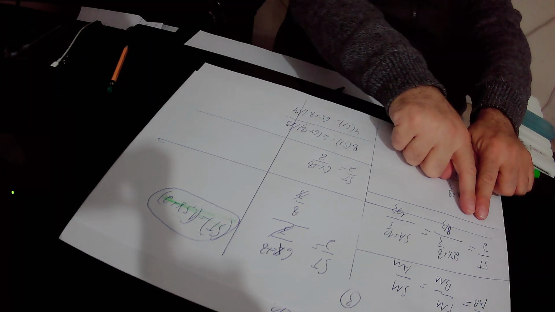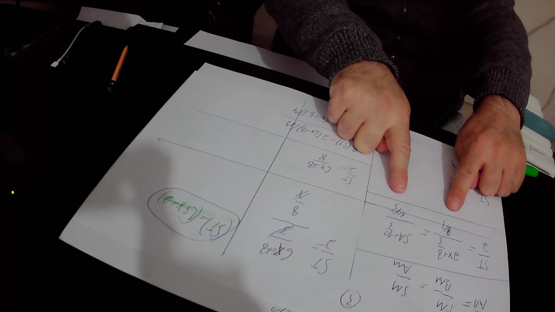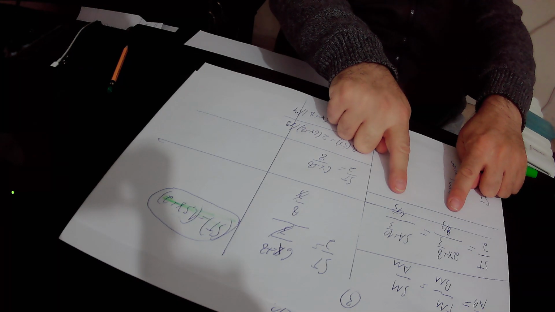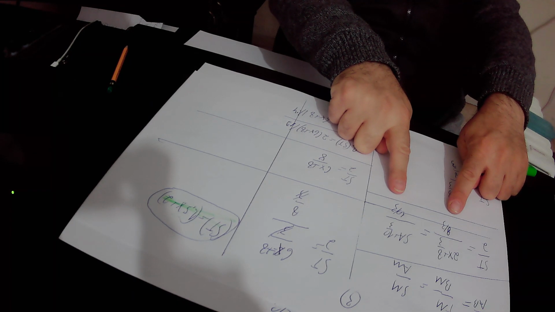In this long equation, those two sides are also equal to each other. Therefore, we create equation 2 from those two sides that are equal to each other.